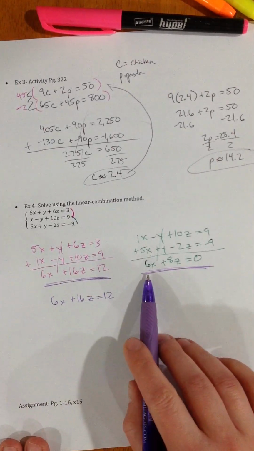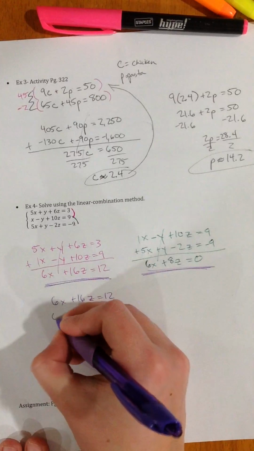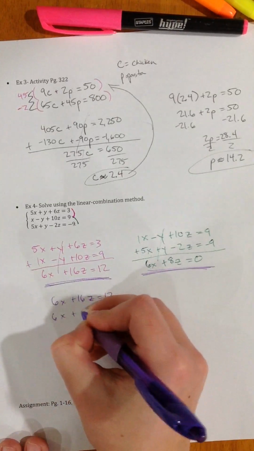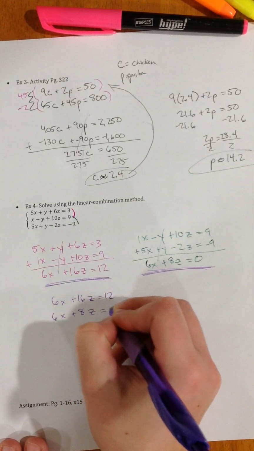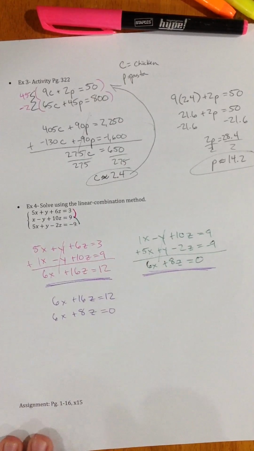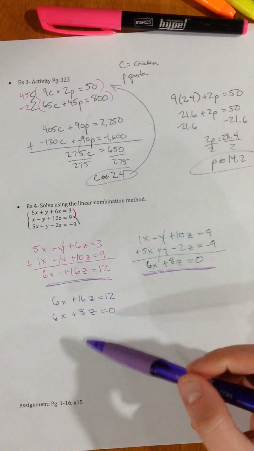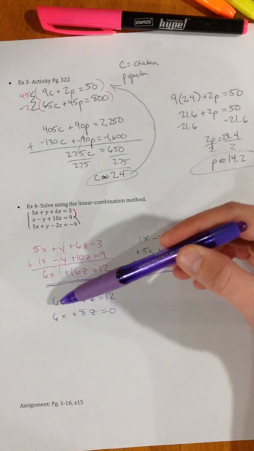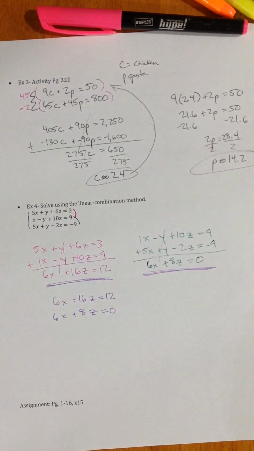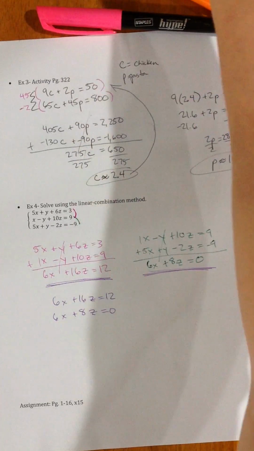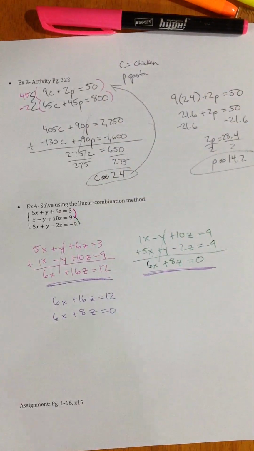And then I've got 6x plus 8z is equal to 0. And then I'm going to have an issue with this one because I don't have opposites, but I'm pretty darn close to opposites with my 6's. Let's see if I got another color here. I'll switch to blue.